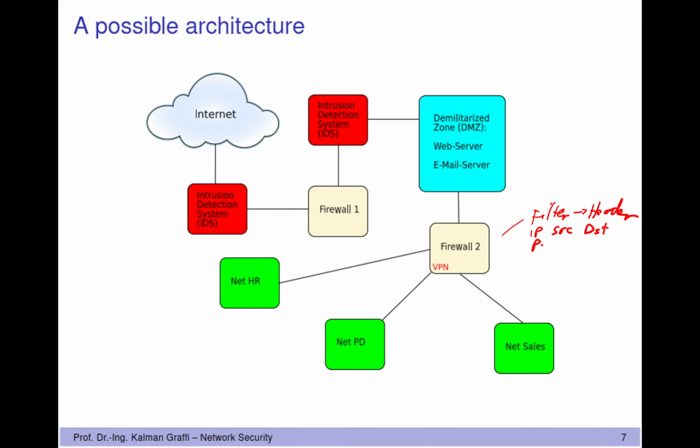They look into ports, source, destination. What else do they look into? TCP, UDP. What else can they look into? So I think these are the core elements that they look into. Yeah, so that's not even too much.